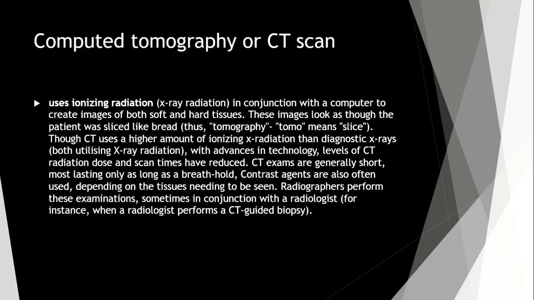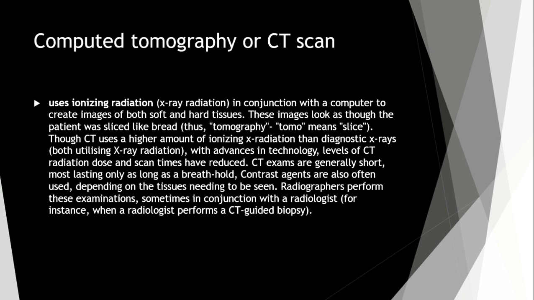So let's go. What is computed tomography or CT scan? We have repeated this for the third time. Computed tomography uses ionizing radiation, X-ray radiation, in conjunction with a computer to create images of both soft and hard tissues.